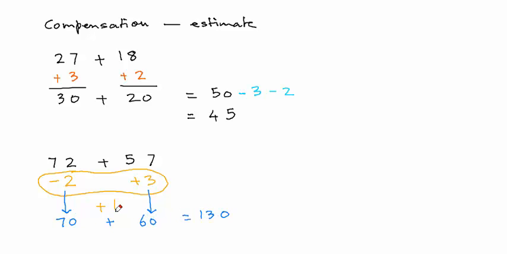And because you added 1 to the numbers, to find the right answer, remember 130 is an estimated answer, a roundabout answer. You have to subtract that 1. So the final answer is 129. That's how you could use the method of compensation.